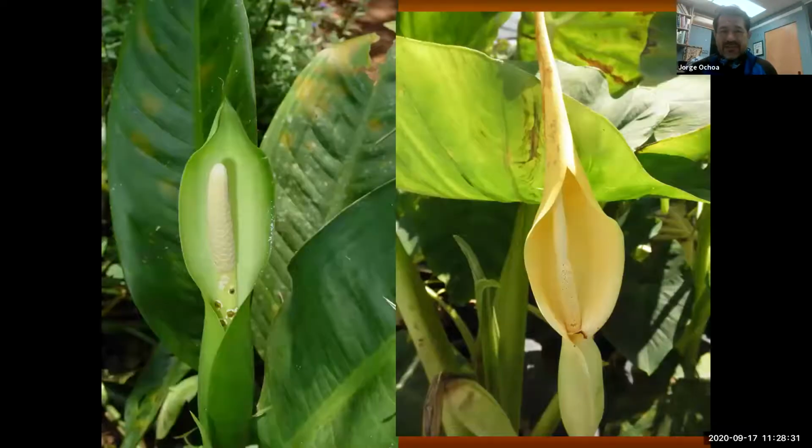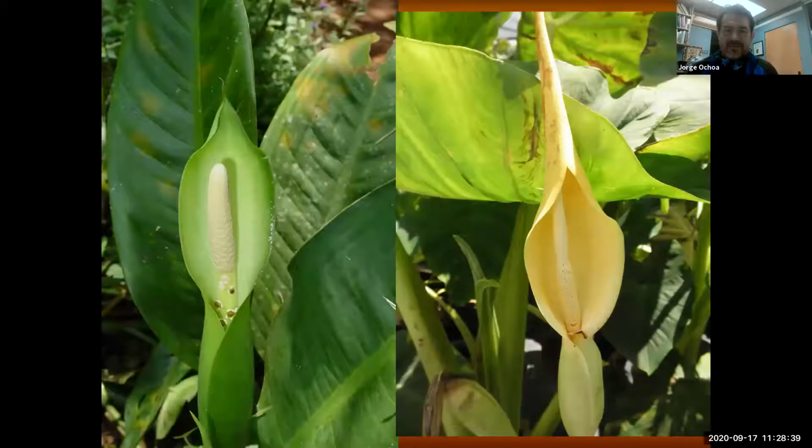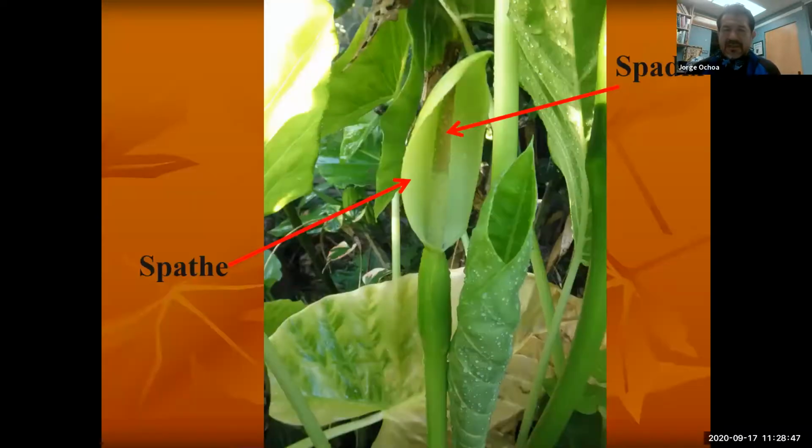And so here are a few other flowers just to show you, so that they're going to look very similar. So one, Philodendron selloum, and two others right here, very similar, and makeup wise, they look very similar. So what are some of the things that we are looking at here? There are important components that are unique to this family group.